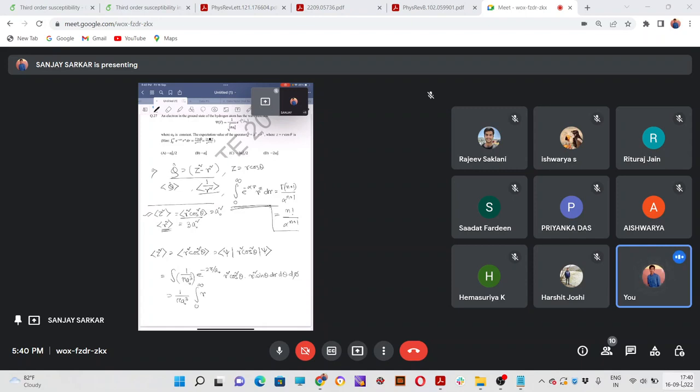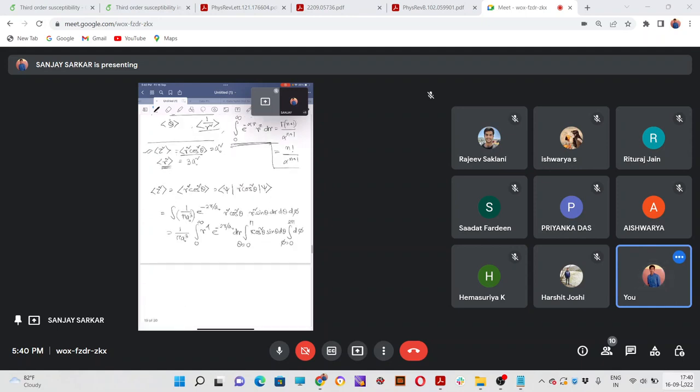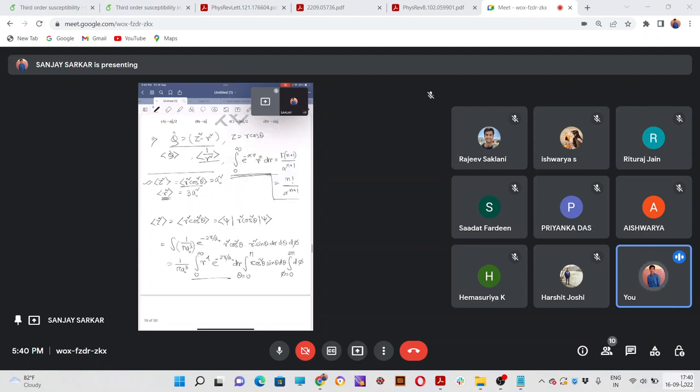So r to the power 4 exponential minus 2r by a naught dr, and the angular part is theta from 0 to pi, cos square theta sin theta d theta, and phi from 0 to 2 pi d phi. So for this part we'll use this formula.